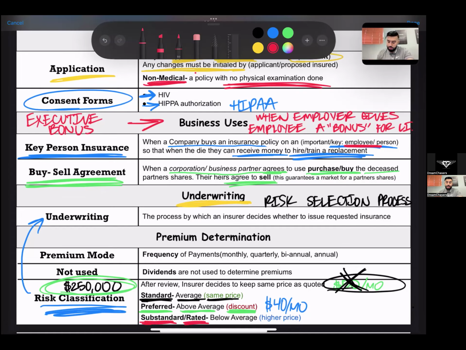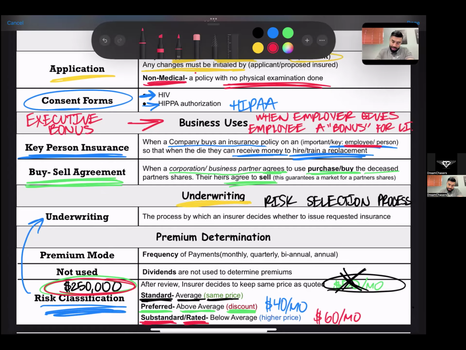So if I am rated or considered substandard, my classification, now for the same $250,000 that I applied for, I got approved, but it's actually going to be $60 a month instead of the original $50. So I'm going to pay a little bit more. I got approved though, but it's going to be a little more expensive because I'm a higher risk. Okay.